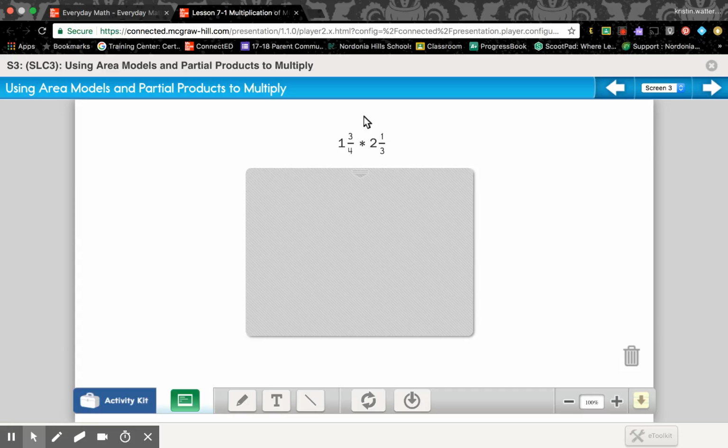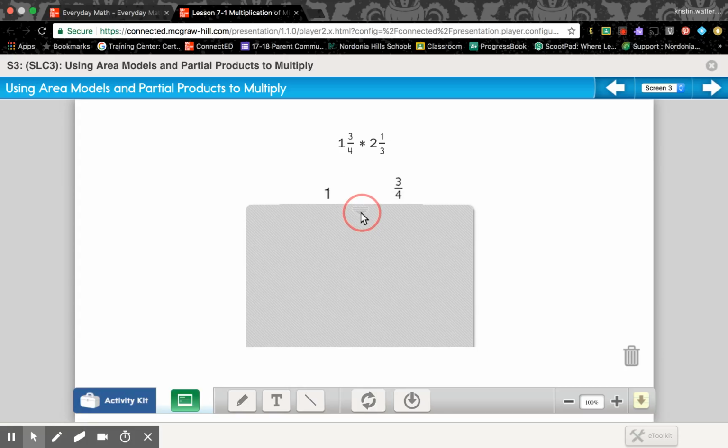This time, we have a mixed number times a mixed number. So remember, we split up our whole number and our fraction horizontally. And if you notice, I'm always making this side of the box smaller since I'm trying to show that the fractional amount is smaller. So just visually, I'm making it smaller.